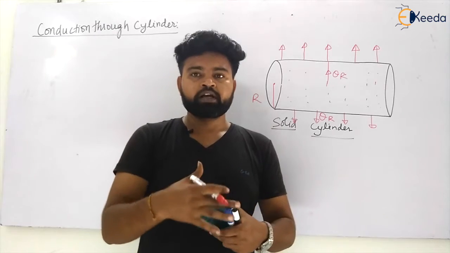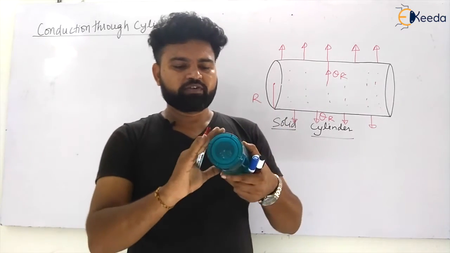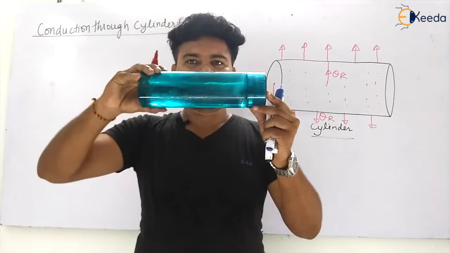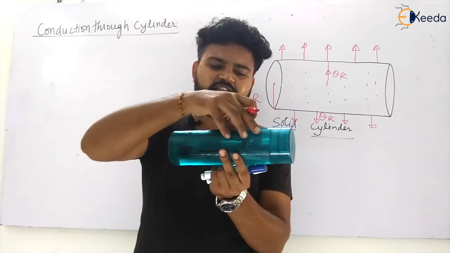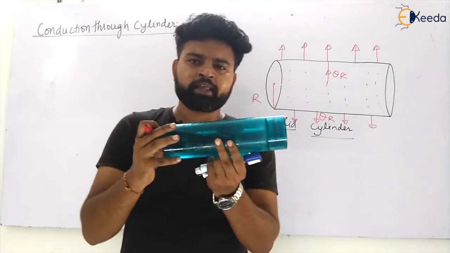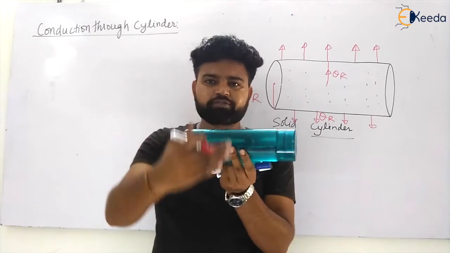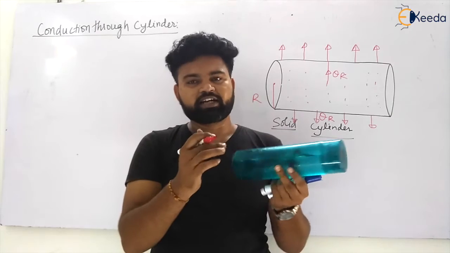Let us say this is your cylinder. Now let us say there is hot water inside. And if it is a solid cylinder, the heat transfer will be occurring from that curved surface area in the radial direction.